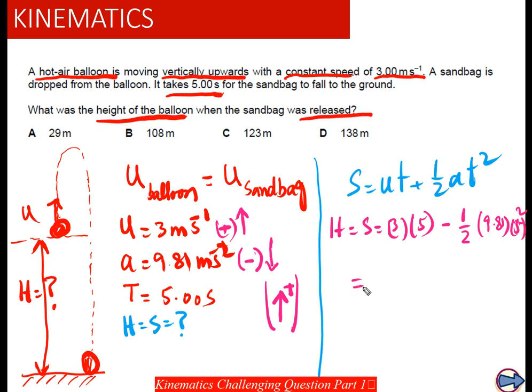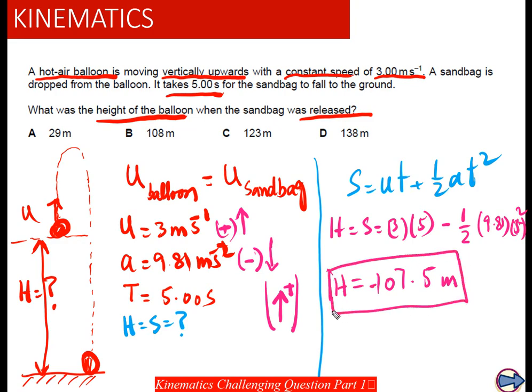If we solve this, we will get the value of h equal to 107.5 meters. But this answer will be negative.